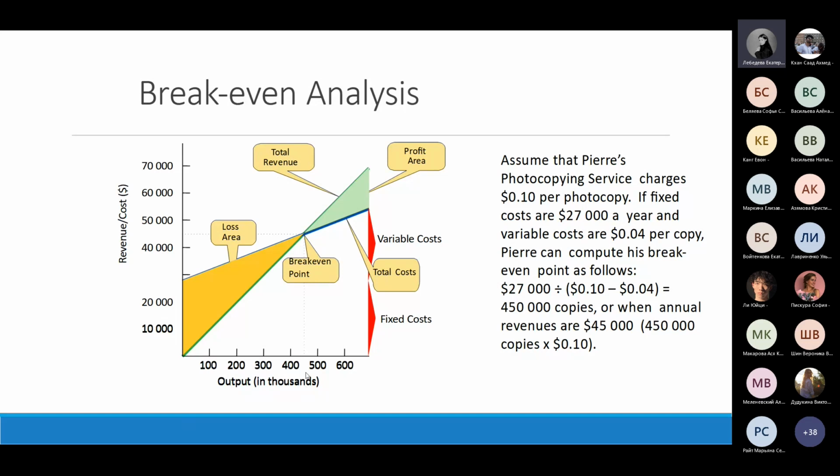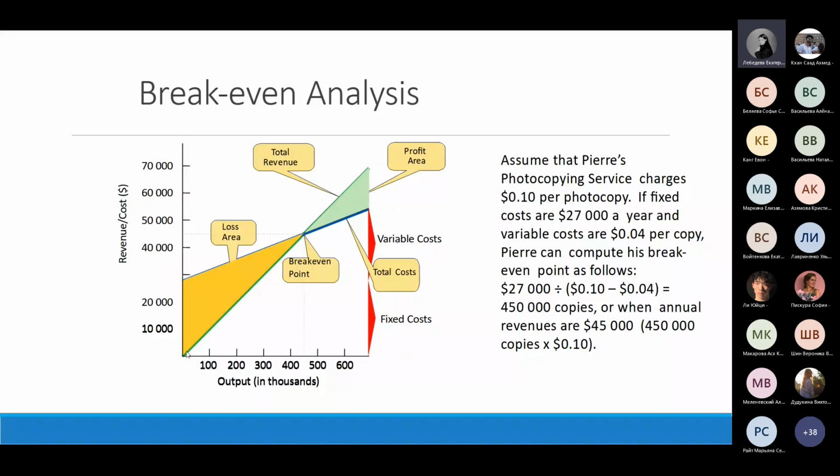So we assume that if we produce 100 items, what would be the level of revenue? If we produce 200 items, how will our revenue change? If we produce 500 items, what would be our revenue? And therefore, this is a linear approximation of revenue.